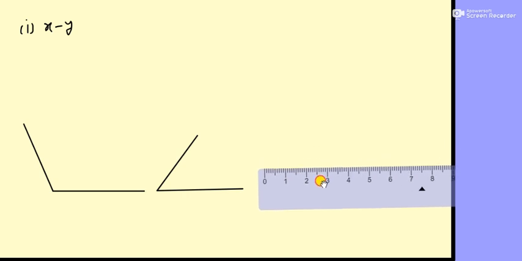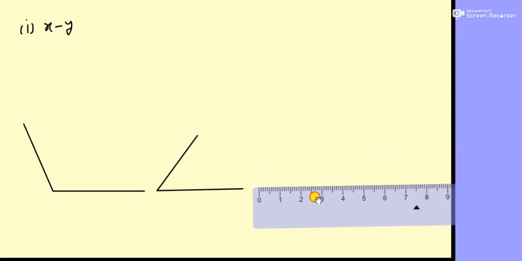First of all, x minus y, we want to find x minus y. So how can we find x minus y? With the help of a pencil, you can draw a line segment that is 8 centimeters. You have to see here, it is 8 centimeters.